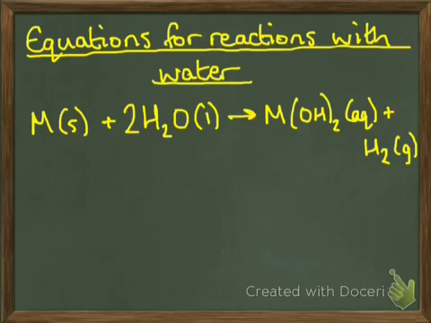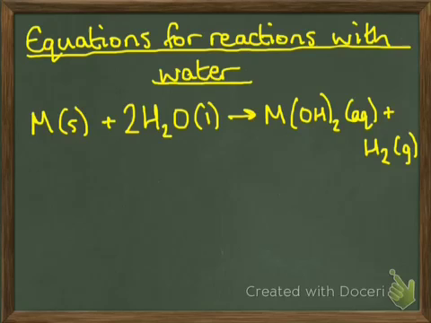Now, it produces a metal hydroxide, and since the charge on a Group 2 metal ion is 2+, and the charge on a hydroxide ion is 1-, we need 2 hydroxide ions to balance the charge on the Group 2 2+ ion.